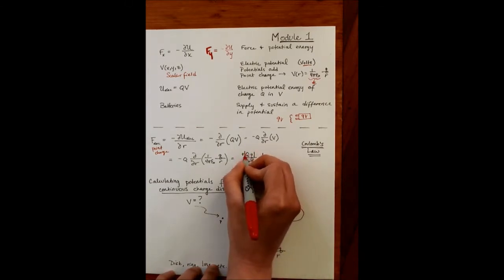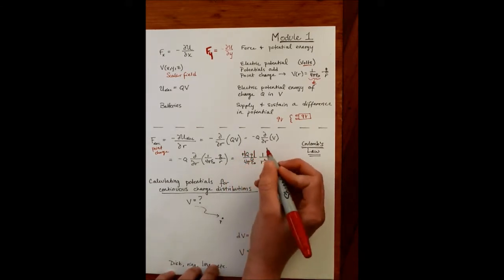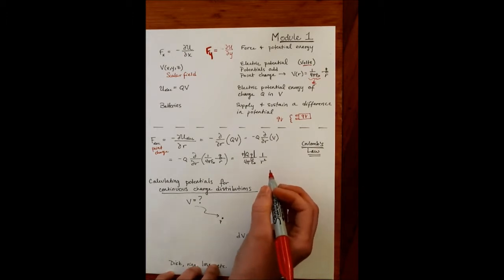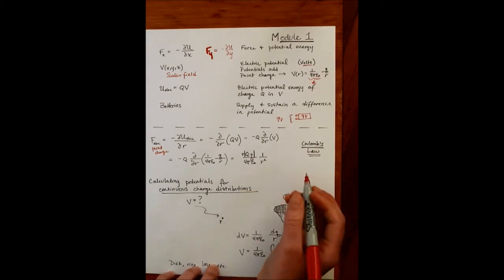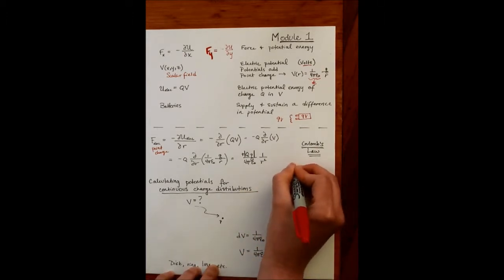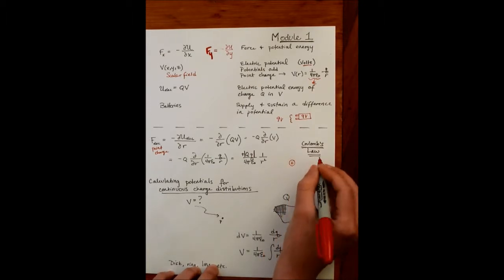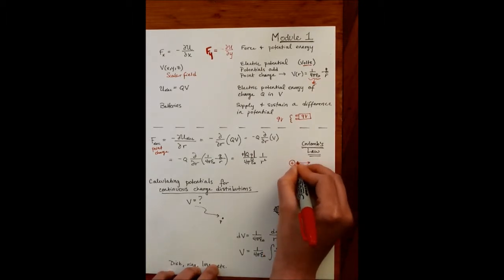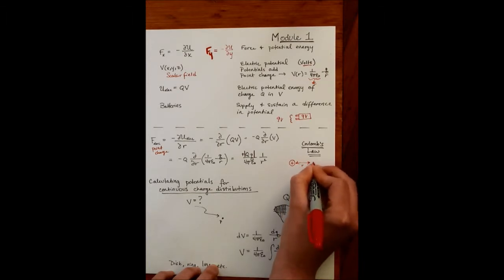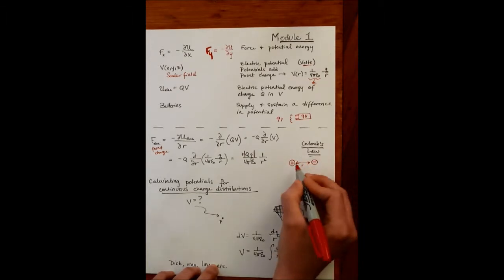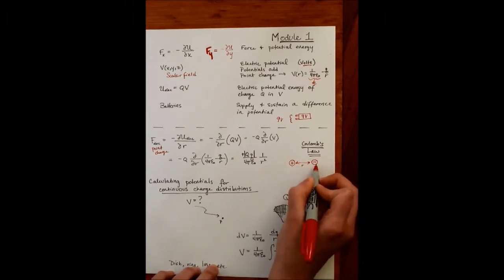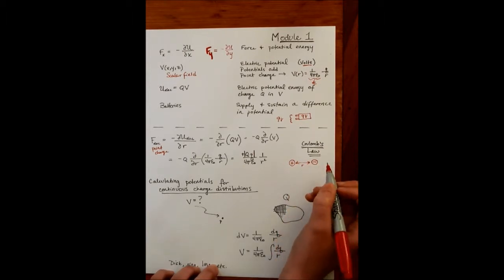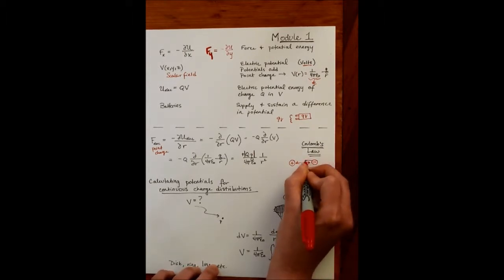And so I've put absolute value signs around the q's, and that is because you can't use Coulomb's law to find the direction of the force. So for example, if I have a positive charge right here, and I put a negative charge a distance r to the right, and I want to know what's the force on the negative charge, that force is going to be in this direction.